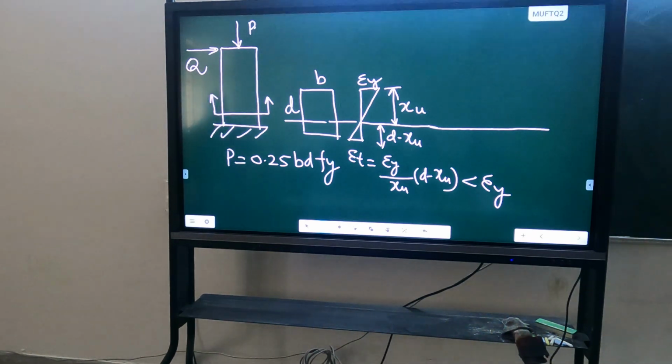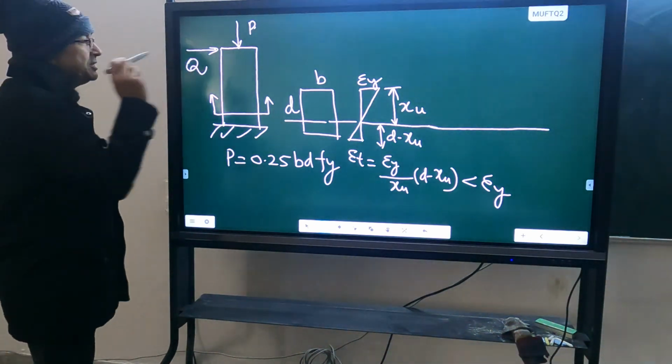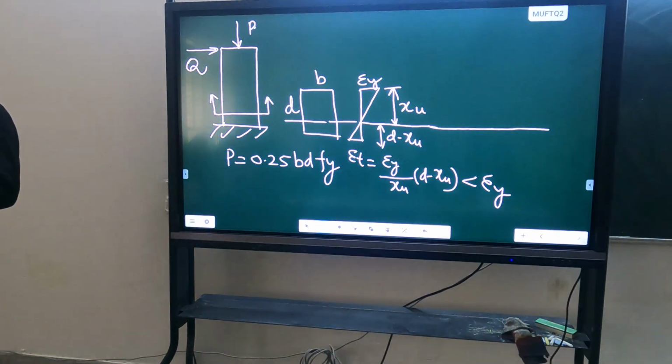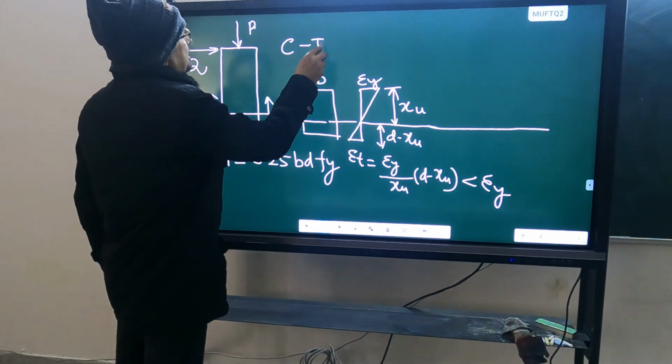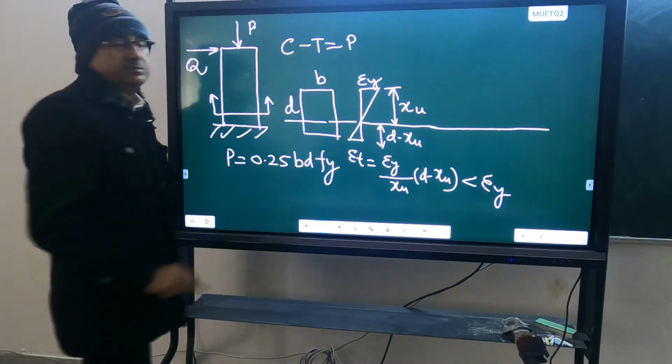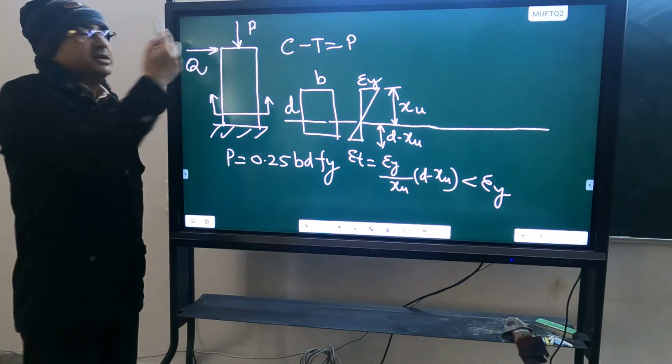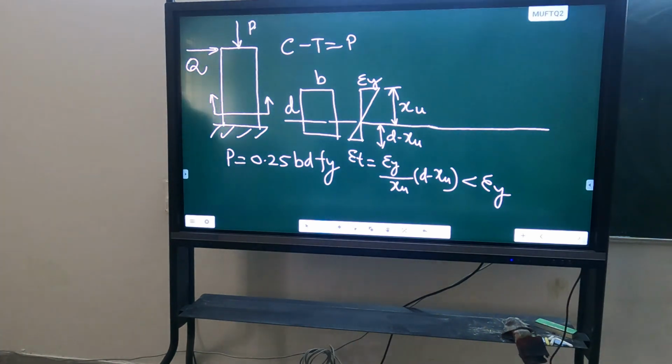How can you say that the first yield is on the compressive side? First of all, we have said that the force acting is compressive force. So to balance the compressive force, the equation will be C minus T equal to P. So C has to be greater than T.